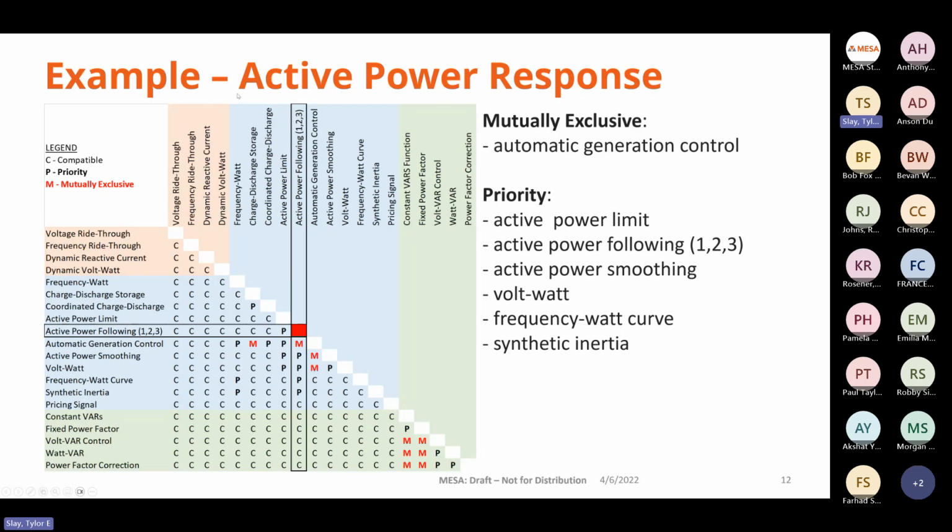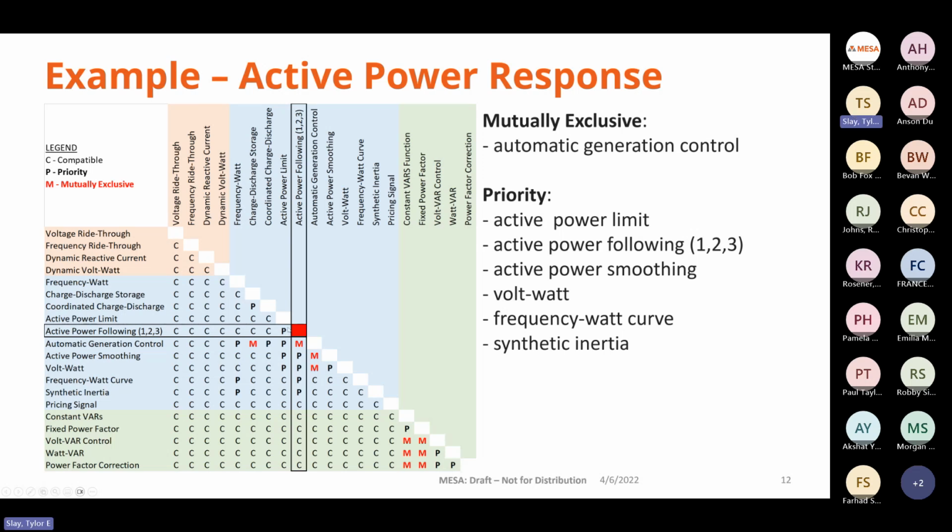So continuing with the example, let's choose one of the control modes. So for active power response, if we highlight the table, we can see the very first, if you can see my mouse, I was hoping I could have like a highlight. I cannot do a highlighter.